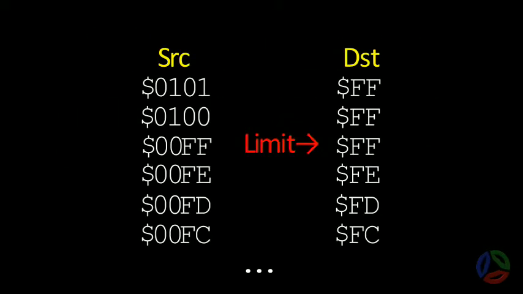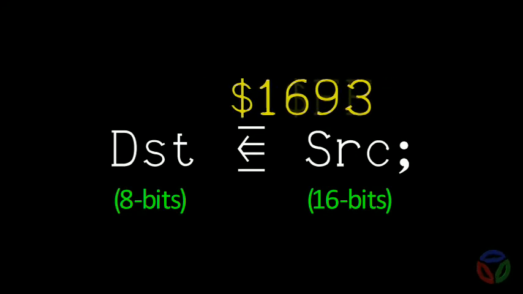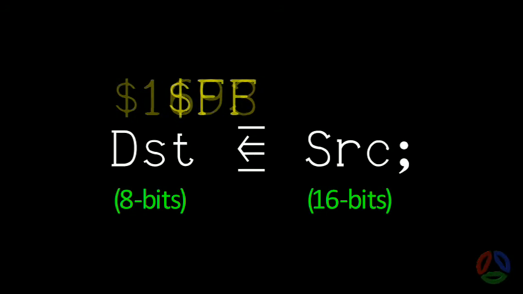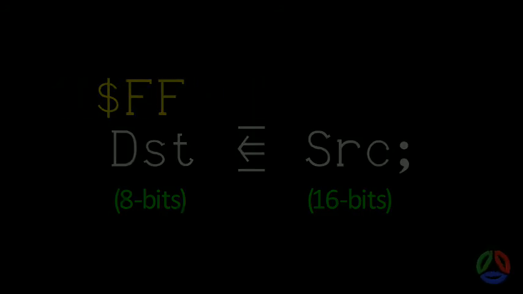When a bounded assignment operator is used, values that can't be stored in the destination data type are limited to the nearest value that can be stored in that data type before being written. For example, a value of hex 1693 might become hex FF when the destination is only 1 byte in size.